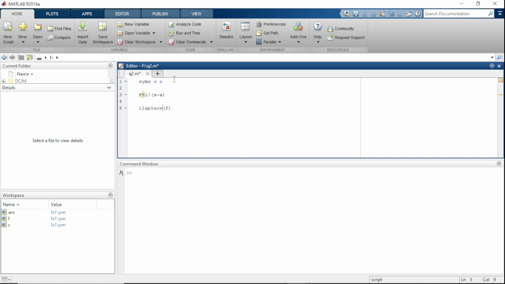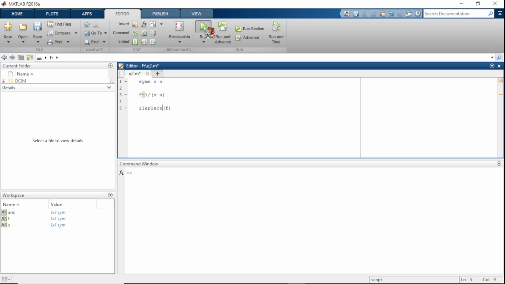Then you just run this program. Here you can get the answer, e to the power at. Now if you change it to s plus a, then it will be e to the power minus at. So here you can see e to the power minus at.